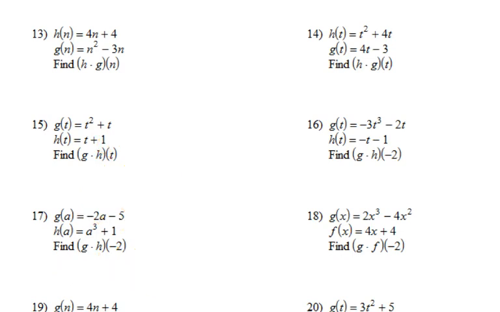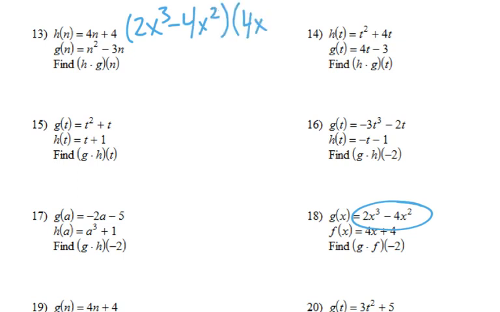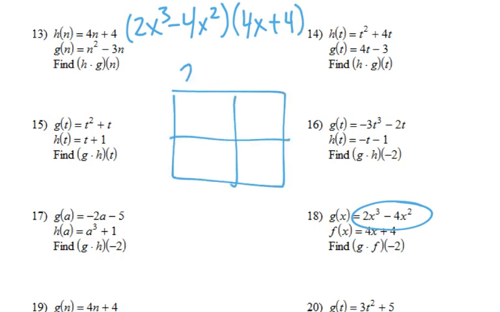For this last problem here, I'll multiply them out separately. So 2x cubed minus 4x squared times 4x plus 4. Use the area model. 2x cubed, negative 4x squared, 4x and 4. 4 times 2 is 8.